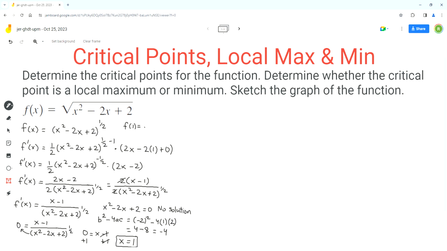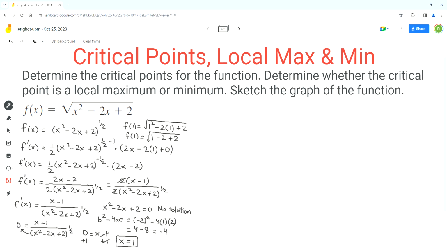is equal to the square root of, so 1 squared minus 2 times 1 plus 2. So now we can simplify this expression. So f at 1, so 1 square is 1, 2 times 1 is negative 2, and then plus 2. And negative 2 plus 2 is equal to 0.